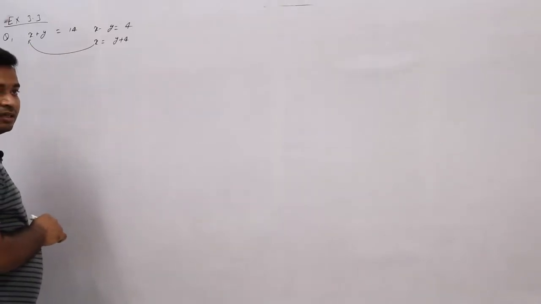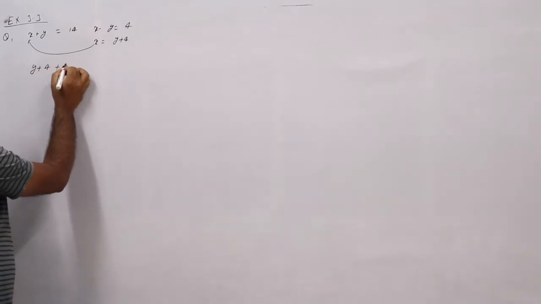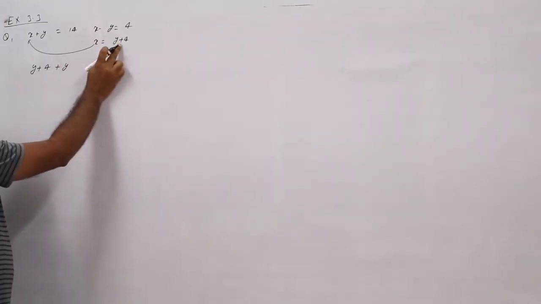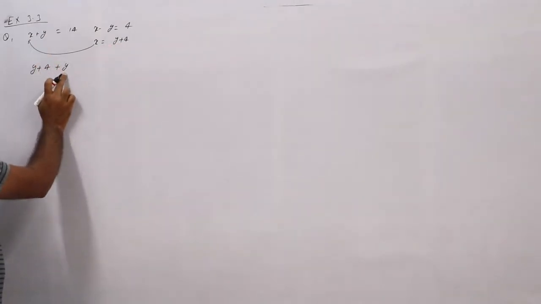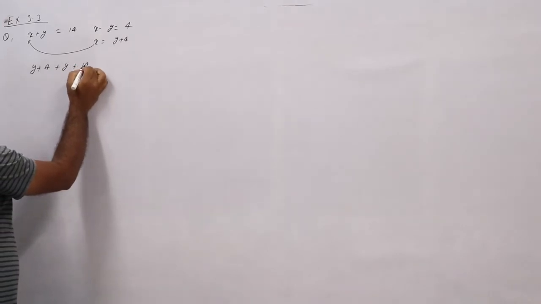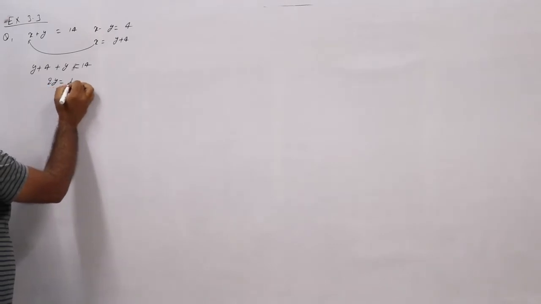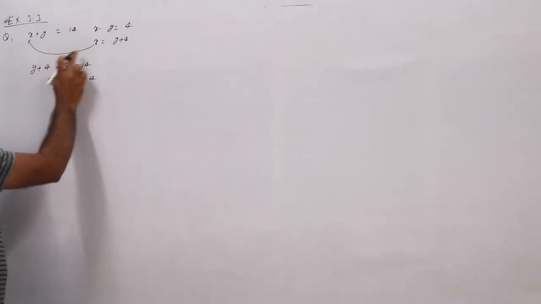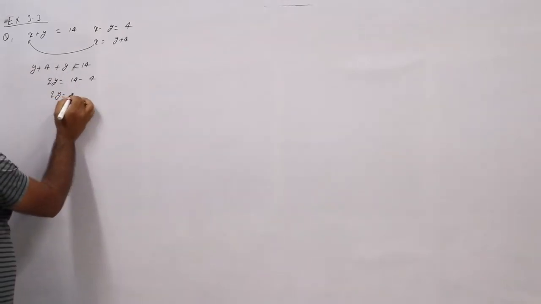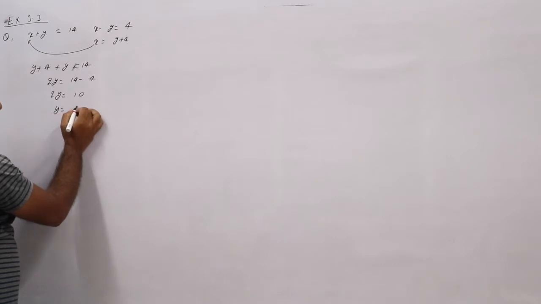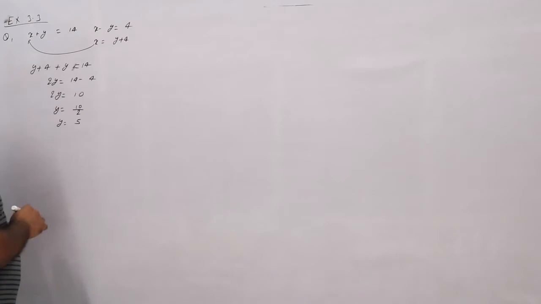So y plus 4 plus y is equal to 14, which means 2y is equal to 14 minus 4. This 4 goes to this side, right? So 2y is equal to 10, so y is equal to 10 by 2. Y is equal to 5.